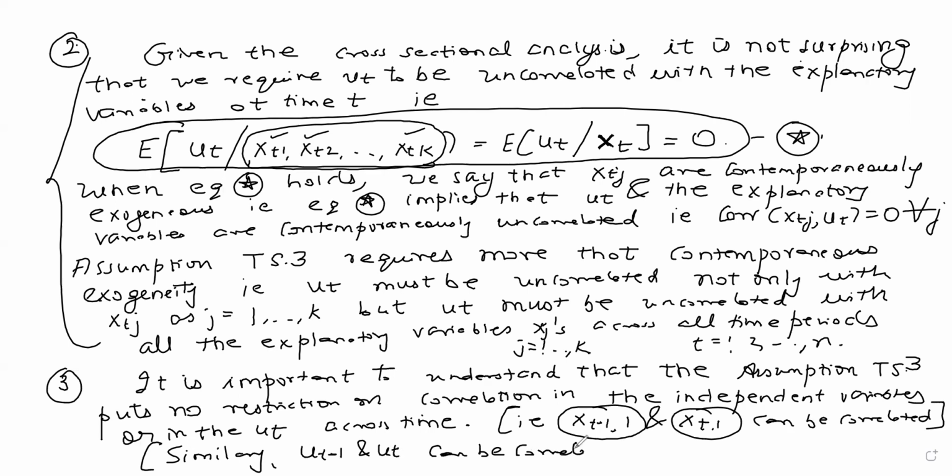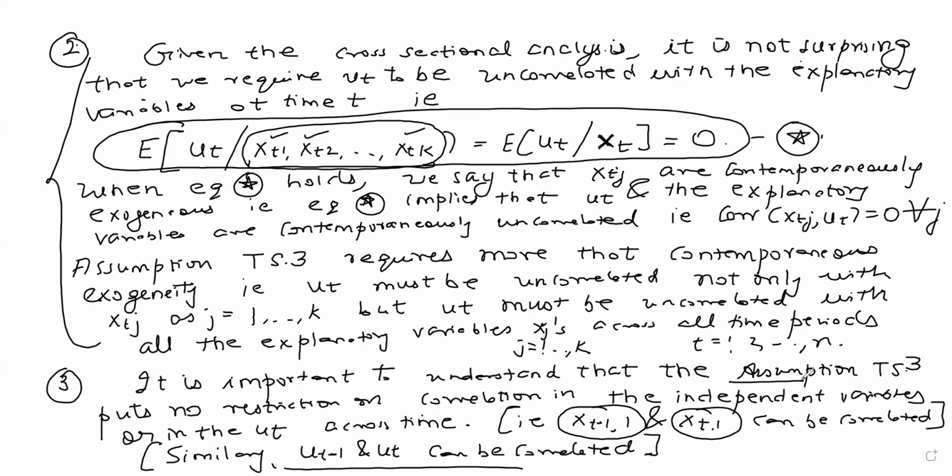There is no restriction put by TS3 on these. So assumption TS3 relaxes the assumption. It puts no restriction on the correlation in either the independent variables, the xi's, or the error terms ui's over time. They can be correlated over time.